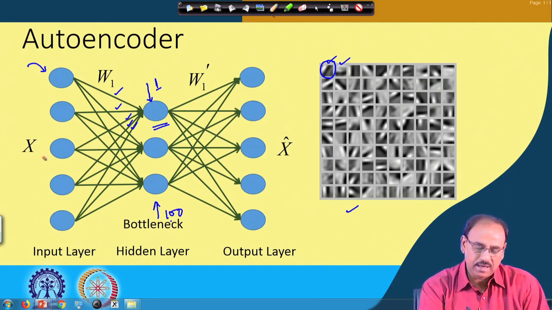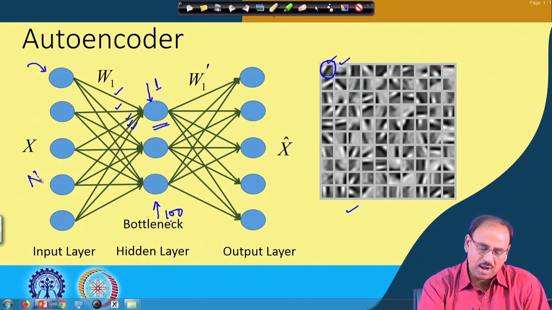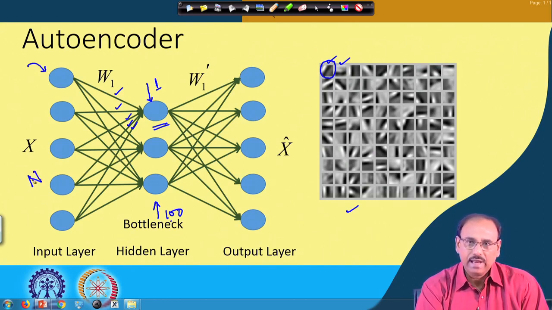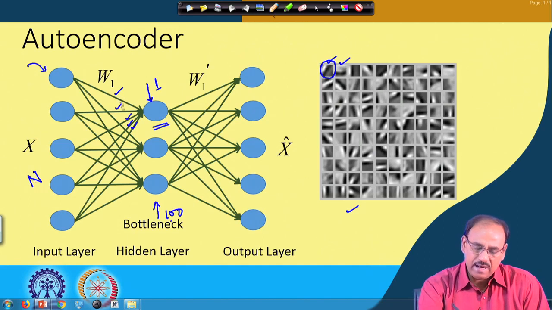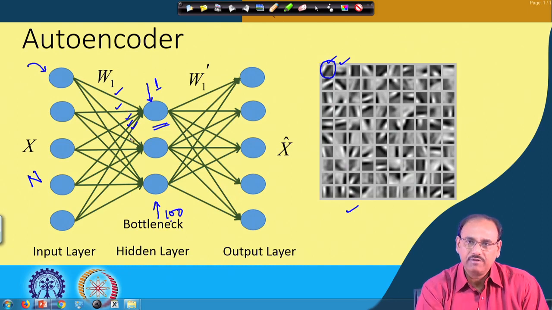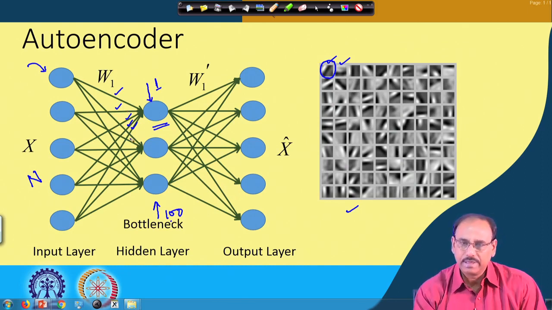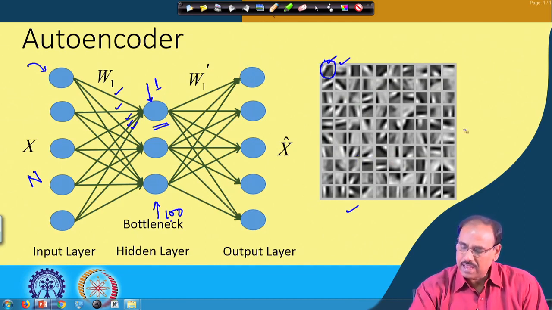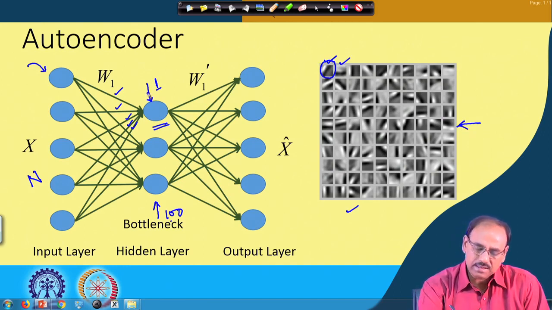If there are n nodes in the input, I have an image consisting of n pixels. Here also I have n weights, of course n plus 1 considering the bias term. When you form this, you remove that bias term. So, among the remaining components of the weight vector, I fold it back in the form of an image. These are the structures, as shown in this set of images, which are learned by this encoding layer.